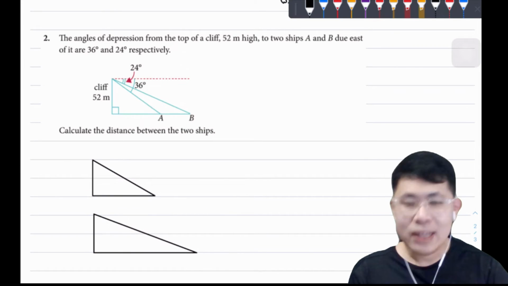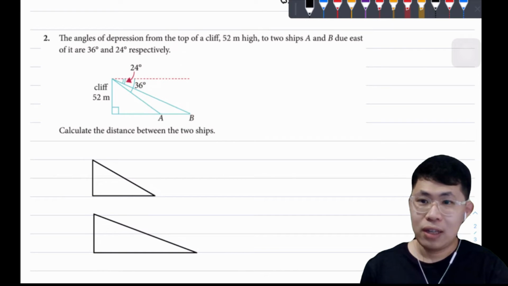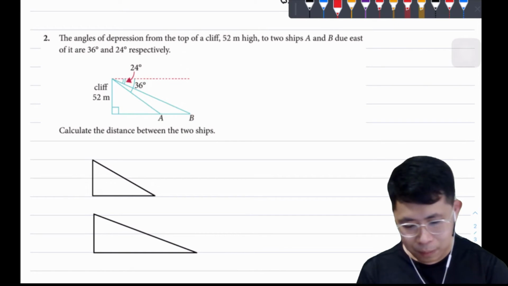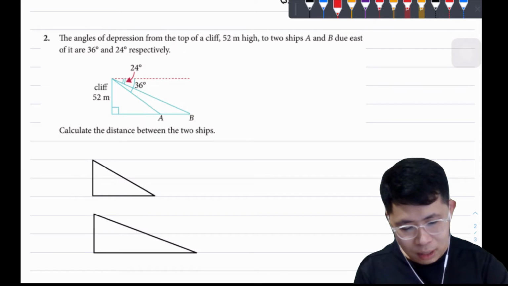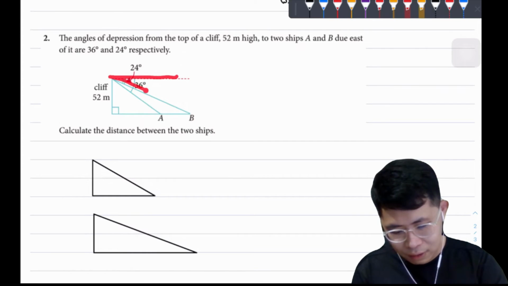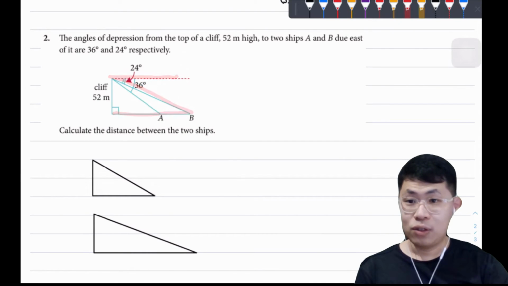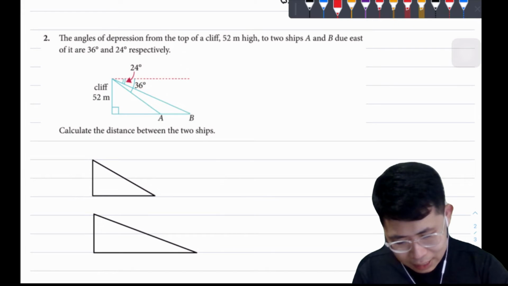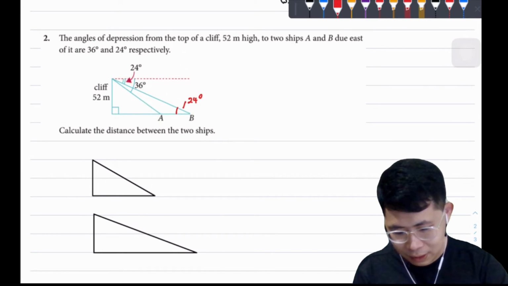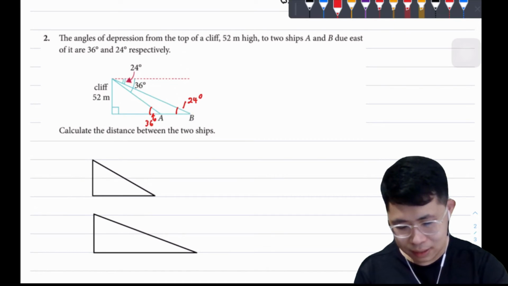Knowing that they are angles of depression, we already have this alternate angle over here, correct? So this angle is going to be 24 degrees, and this angle over here is going to be 36 degrees.